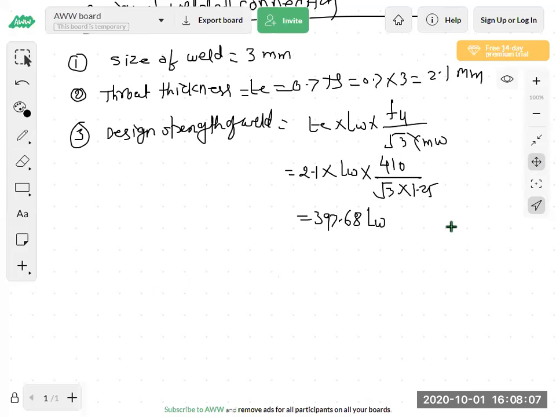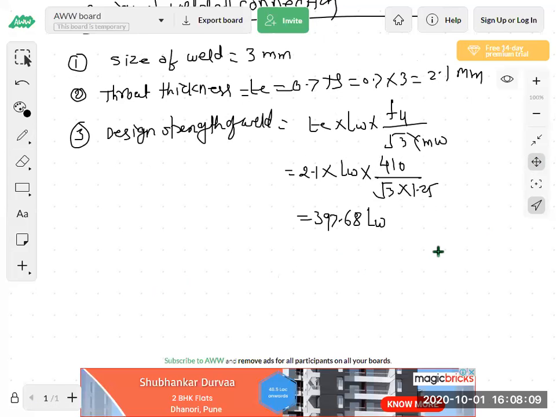Okay, now we have to take longitudinal shear force coming on the batten.